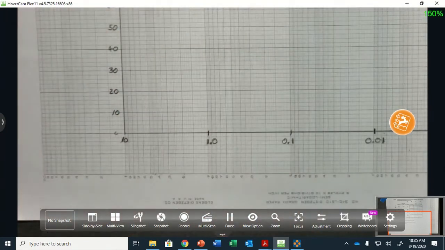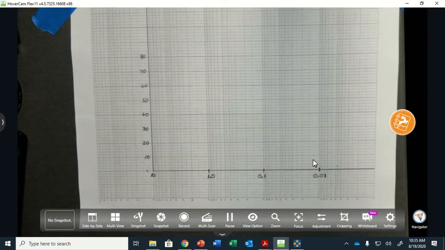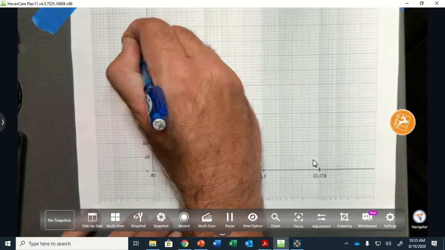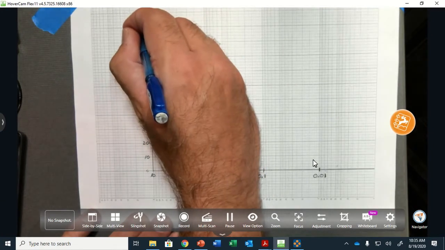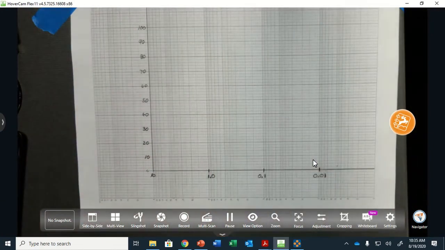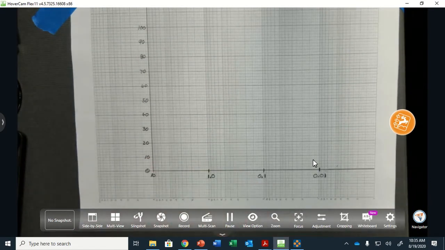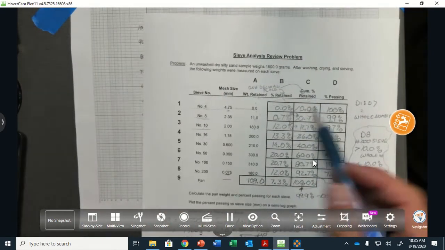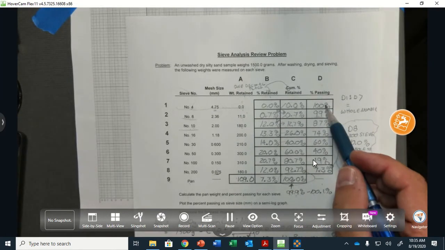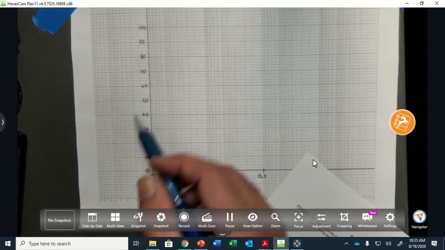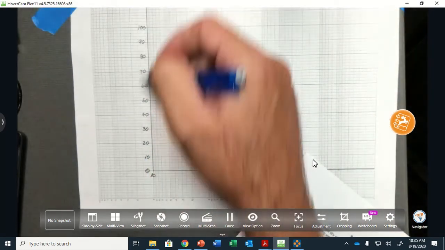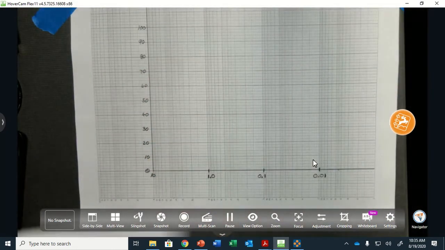I suppose you can't see what I'm writing now, so let me zoom out. There we go. 80, 90, 100. Okay? So I'm having 0% passing, because that's as small as I can get, all the way up to 100% passing. So that's why this is my y-axis. Okay, that is not logged.